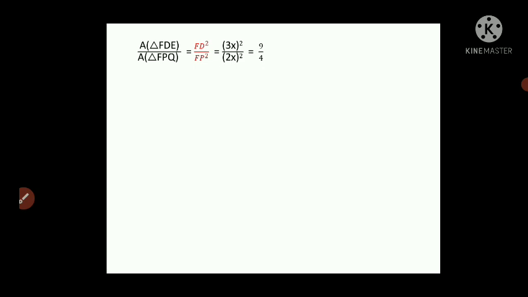So 3x square upon 2x square, the x's cancel. 3 square is 9, 2 square is 4. Therefore the area of triangle FDE is 9 upon 4 multiplied by the area of triangle FQP, which is 20. Simplifying, you get 45 square units.